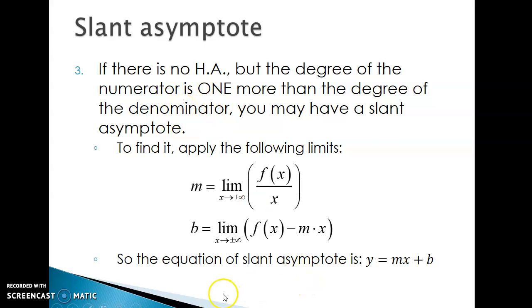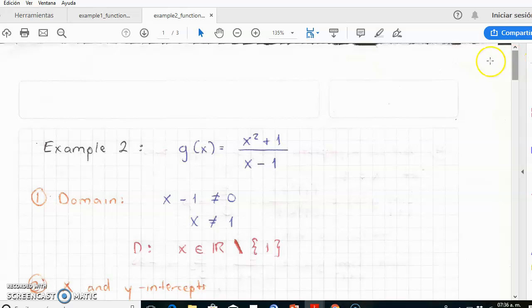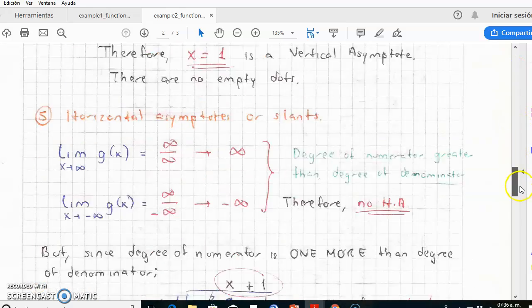So in the example that I showed you, there is no horizontal asymptote and the degree of the numerator is just one more than the degree of the denominator, so there's going to be a slant asymptote.